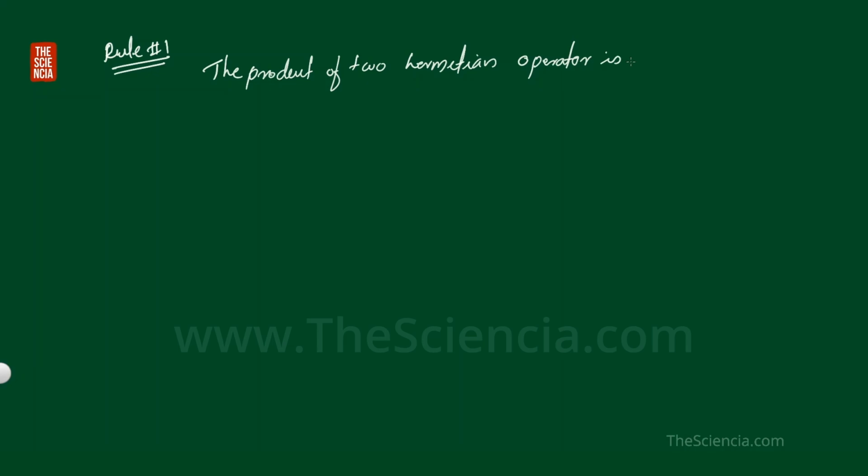Now let us discuss some important rules. Rule number 1: the product of two Hermitian operators is also Hermitian only when they commute with each other.